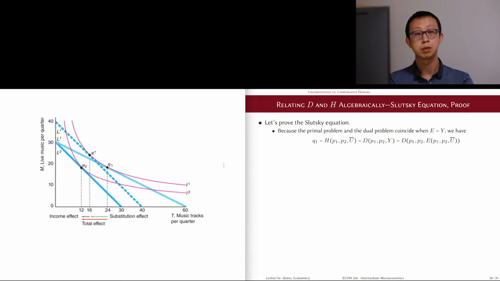Now, using the optimal utility level that's represented by the U bar at the indifference curve of I1, we can solve the expenditure minimization problem, which will also give us exactly the same demand at E1.